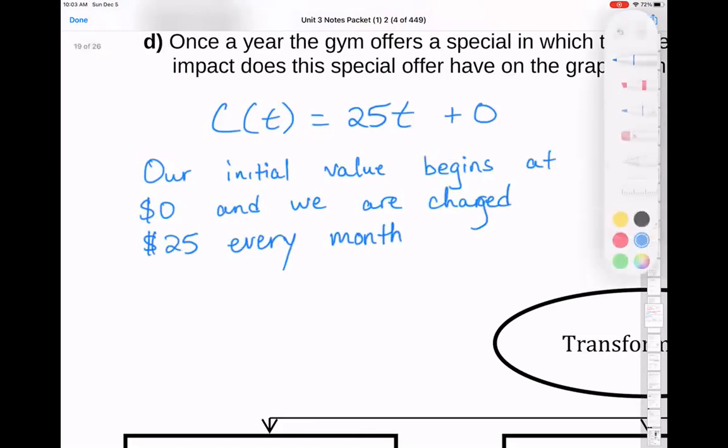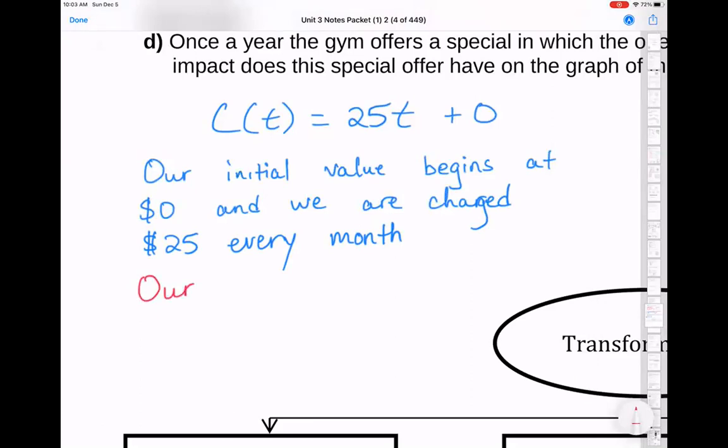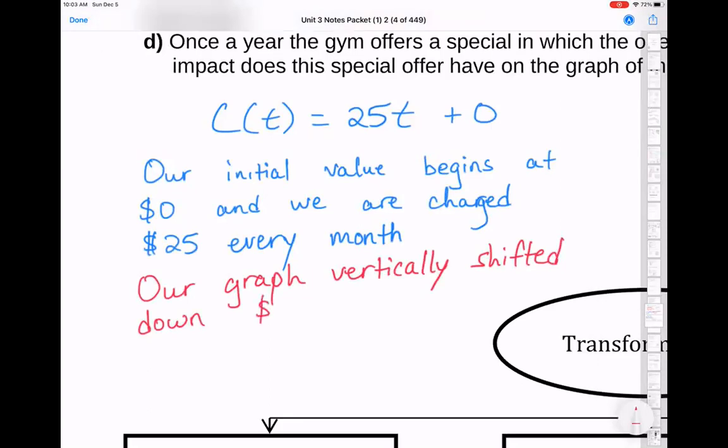And so to describe the transformation there, our graph vertically shifted down $25, or I'm sorry, $50. Okay, so imagine taking that original graph and just shifting it down 50.